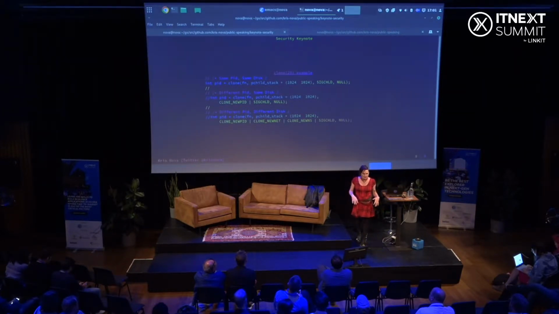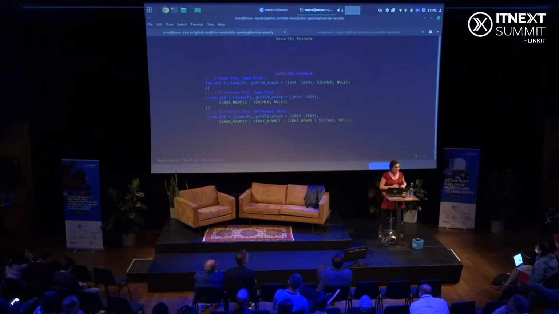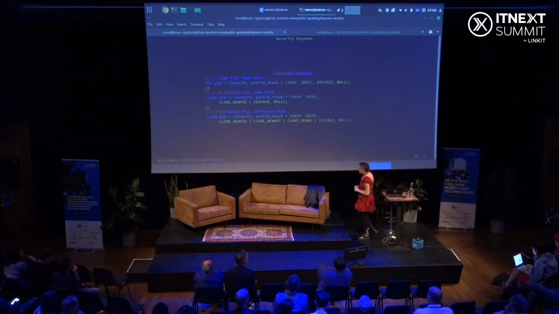And this is why, when you're in a Docker container, if you list all the active processes, you only see 3 or 4. But if you go to your host and you list all the active processes, you see hundreds, right? So using C, we're effectively able to control what system resources we share with other parts of these newly created child processes.